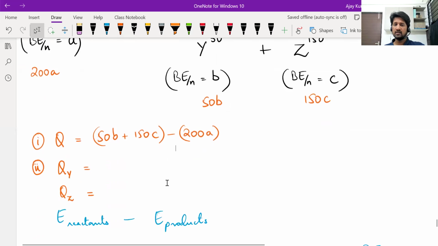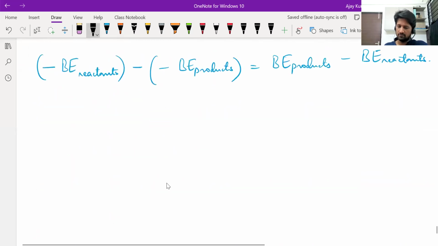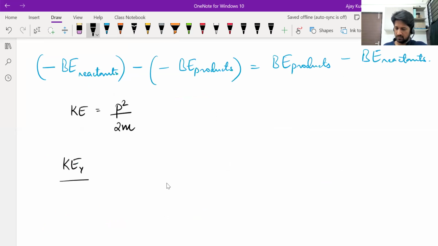Now you need the energy of Y and Z. So you just have to think of the relation between momentum and energy. We know that the kinetic energy of a particle can be expressed as p squared by 2m in terms of its linear momentum. That means the ratio of kinetic energy of Y to kinetic energy of Z will be mass of Z divided by mass of Y, because their linear momentum is the same and p squared will get cancelled.